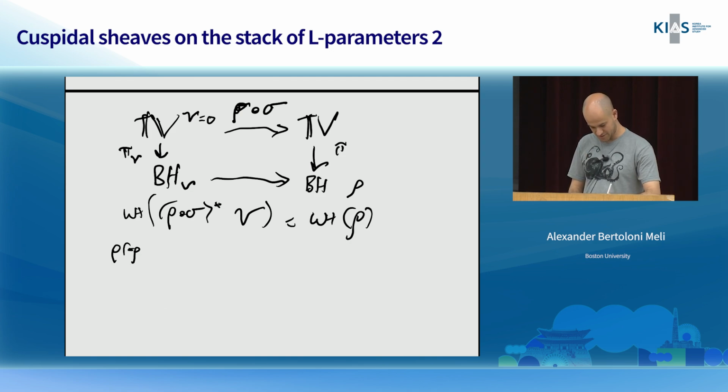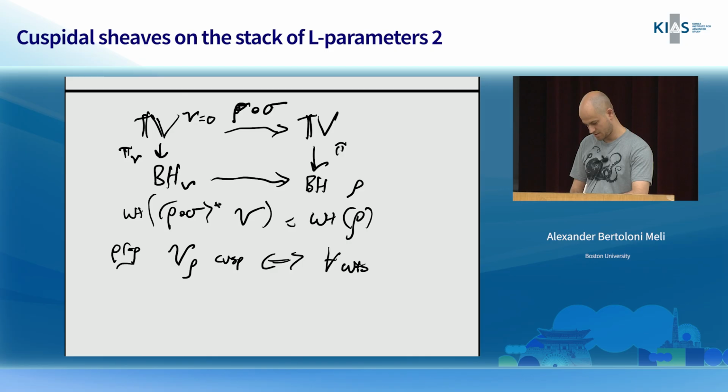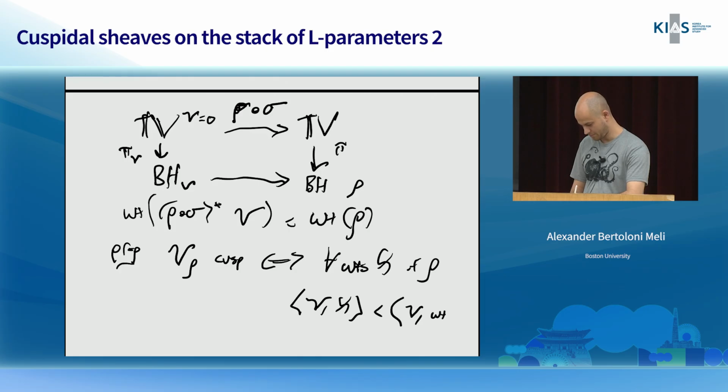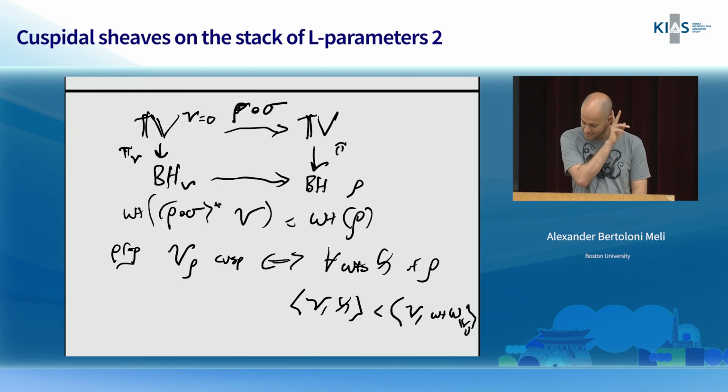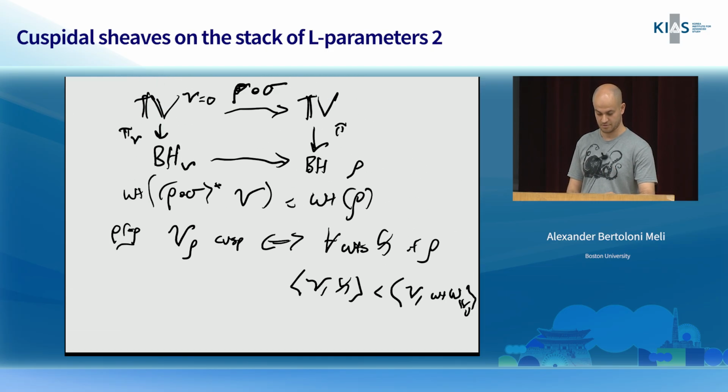And then some proposition that you can probably prove yourself by now is that this thing is cuspidal if and only if for all weights chi of rho, nu chi is less than nu, and then this funny weight shows up again because it has to. So basically, if you have some rho, you want to figure out if it's cuspidal, you just need to figure out what these conditions are, and then you can do it.